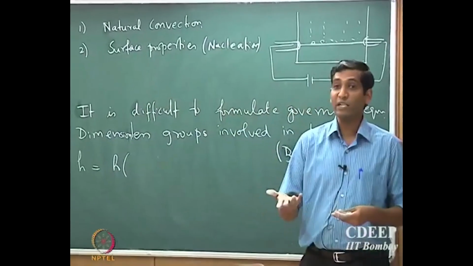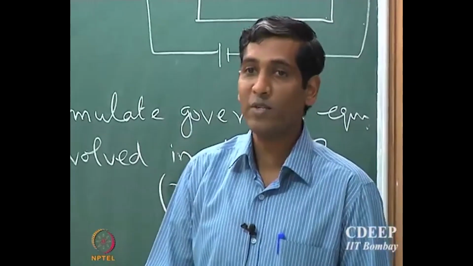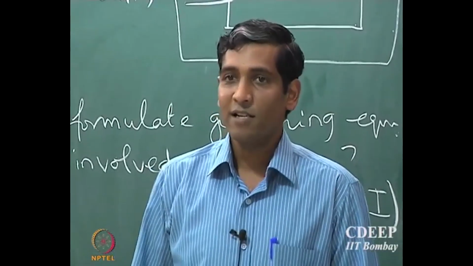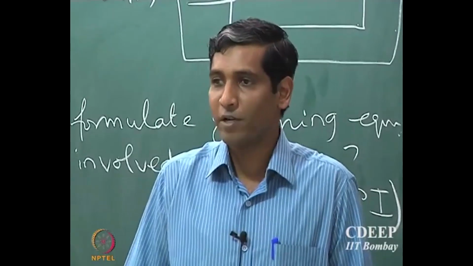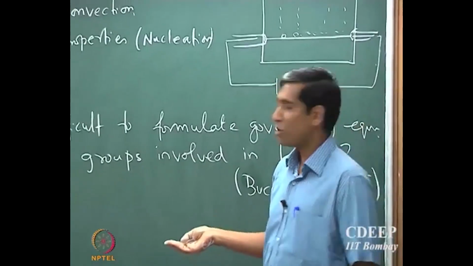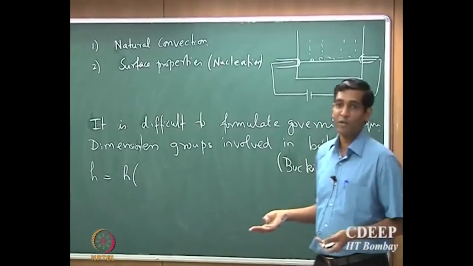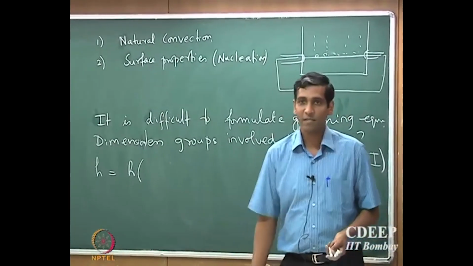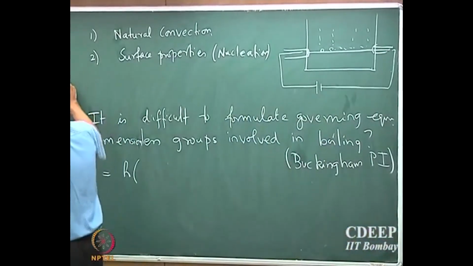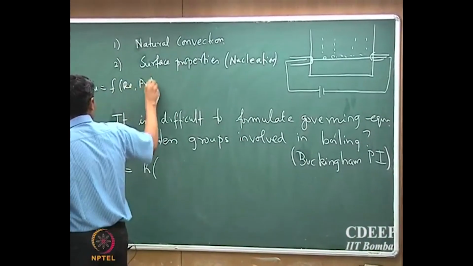What are the different quantities or properties of the fluid which are going to influence the heat transport coefficient? Remember that all the dimensionless numbers we got are combinations of properties of the fluid. So the objective is to find out these dimensionless groups. For a general system, you always found the Nusselt number is some function of Reynolds number and Prandtl number.